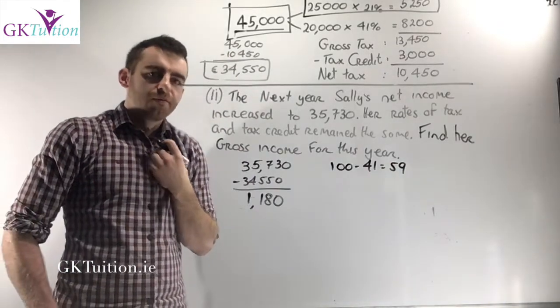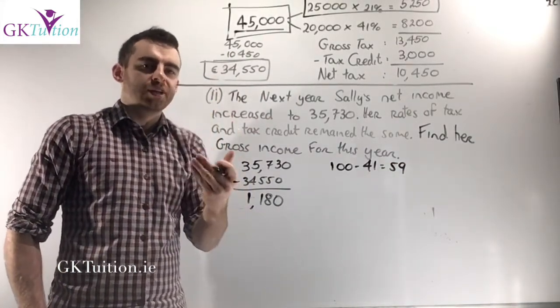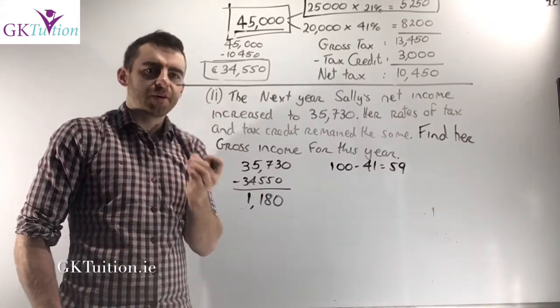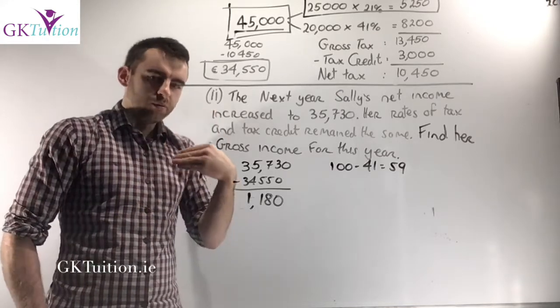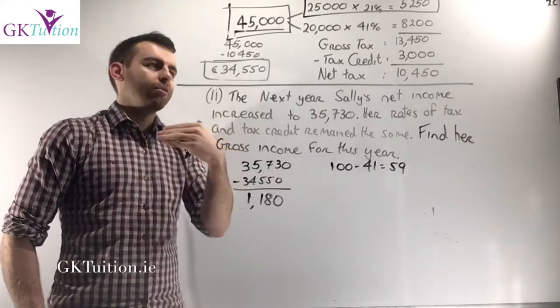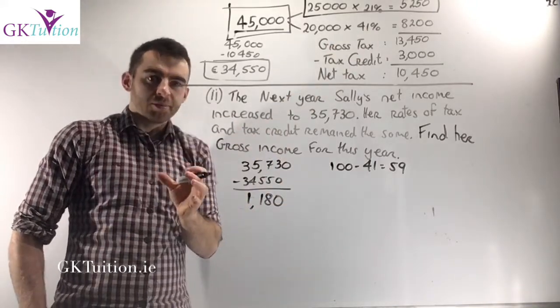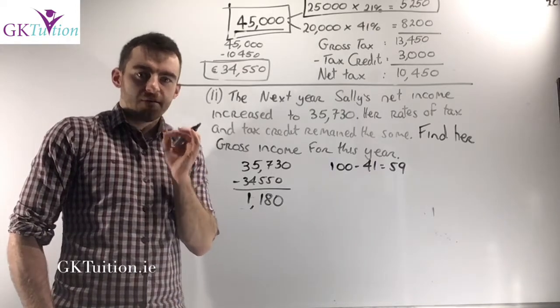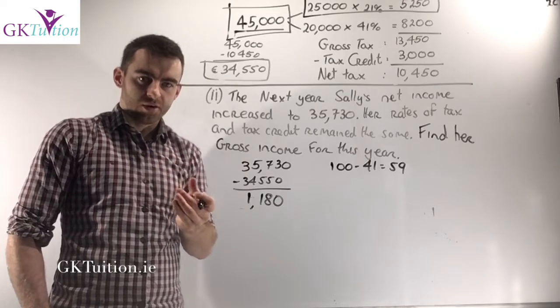If she was paying 41% tax on the extra money that she earned, that means she only received 59% of the extra money that she earned. 41% of the increase in her salary went to the government in the form of tax, but 59% of it would have gone into her pocket. She would have received 59% of the increase in her salary, in her gross income.